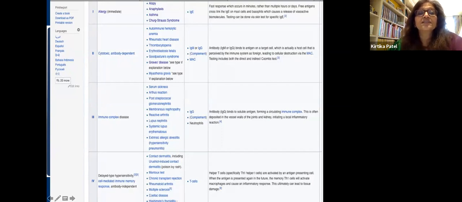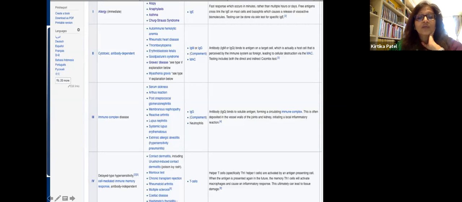Because we said it's second and it's B, it's antibody mediated. Type 3: various autoimmune disorders, especially SLE and glomerulonephritis are seen in this disease. And it is antibody antigen complexes that are responsible for causing the pathology and inflammation.